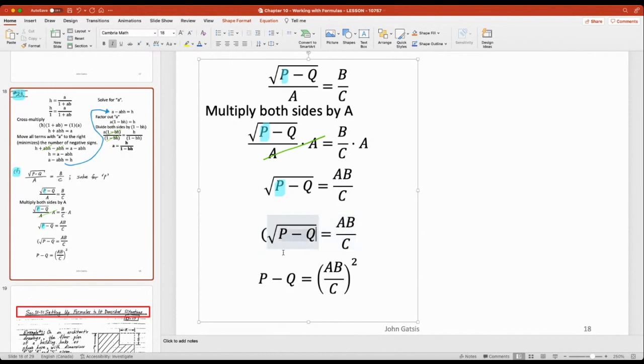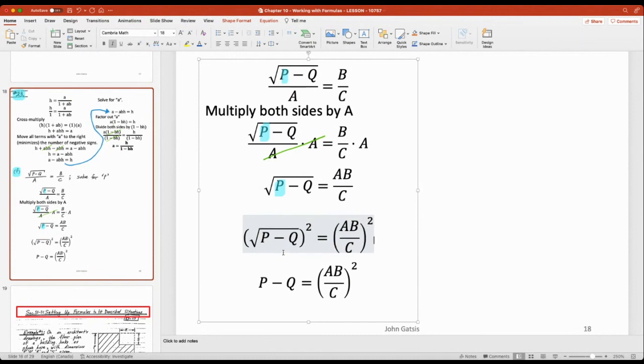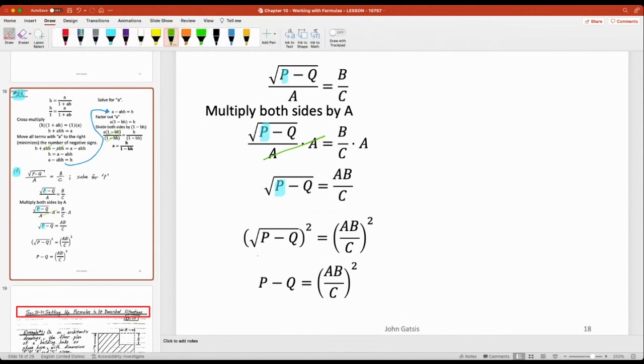To get rid of a square root, I need to square this. But I can't just square one side. I have to square both sides. So that's the logic of how the square appears on the other side. It's not magic. You're not moving it over or anything like that. This squared here is neutralizing the square root.